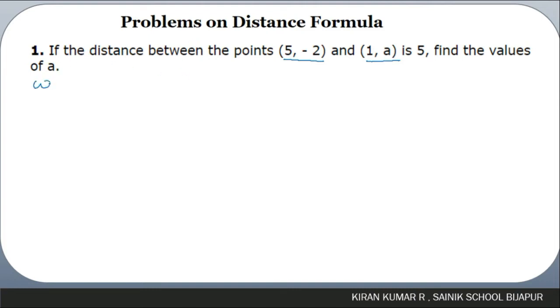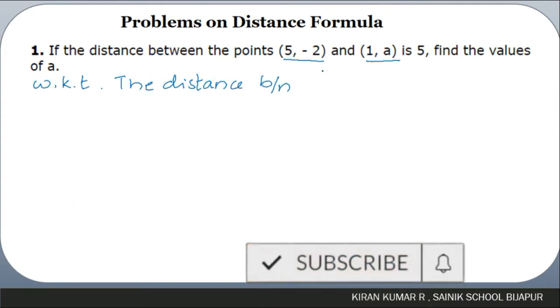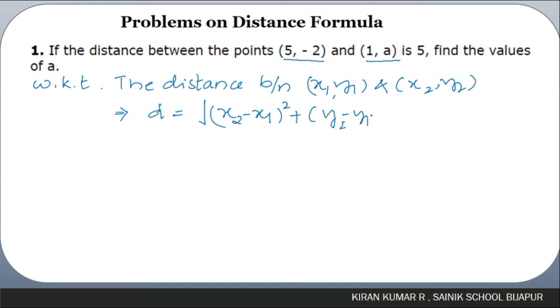We know that the distance between x1 y1 and x2 y2 is given by d equal to under root x2 minus x1 the whole square plus y2 minus y1 the whole square.